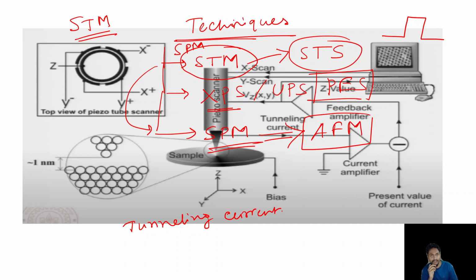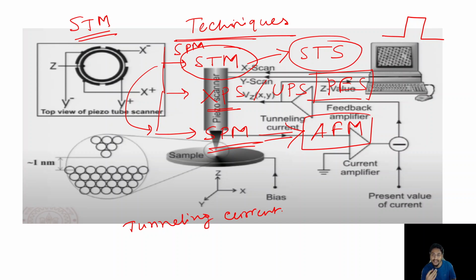That is what is done in scanning tunneling microscopy. And then from scanning tunneling microscopy, at a specific bias voltage, if we try to get the local density, we can get an idea of how the local density of states changes near the Fermi level.